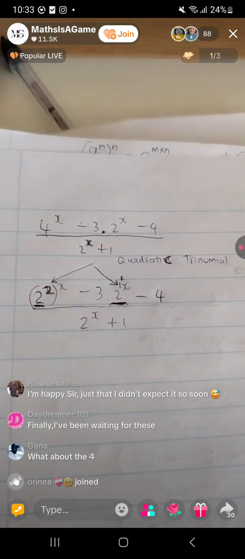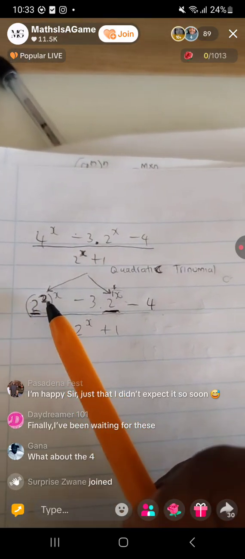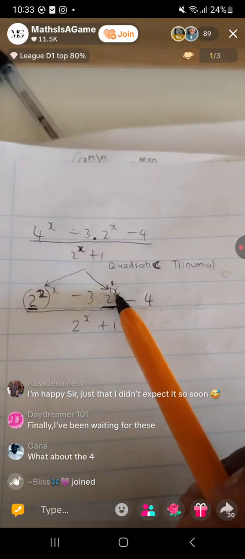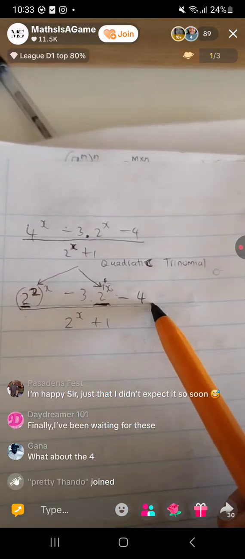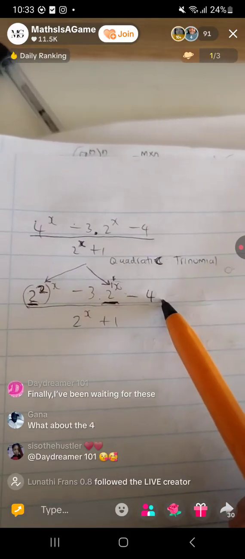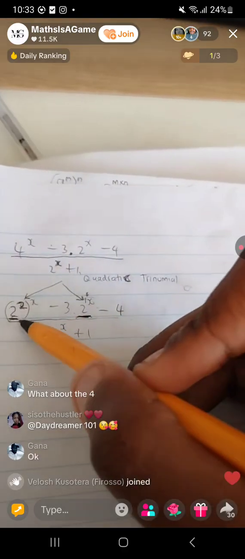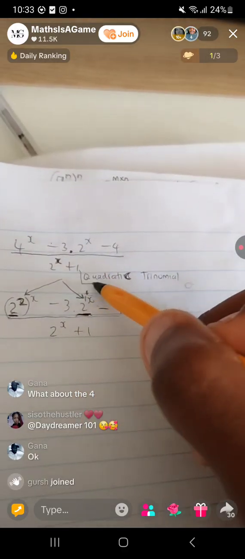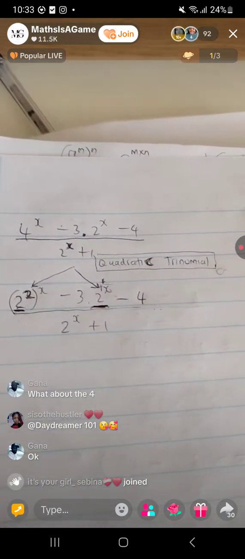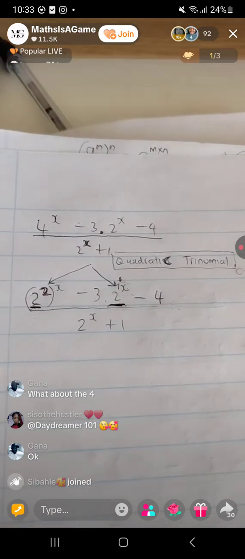I repeat, 2 to the power 2x. The focus here, Ghana, is to focus on where the variable is. We do not bother ourselves with the last term because it's a constant. What we are interested in is that these 3 terms are what we refer to as a quadratic trinomial. We have the emergence of a quadratic trinomial here.